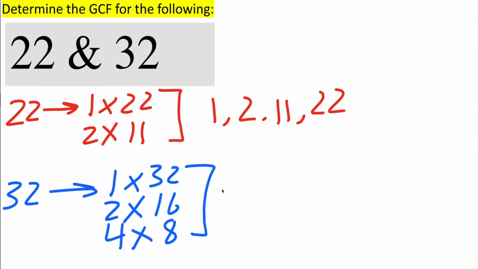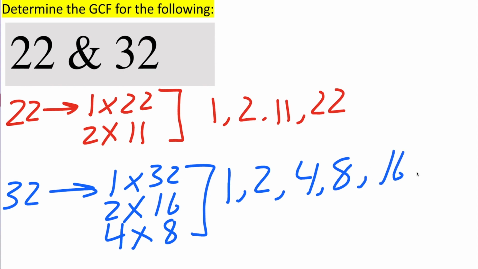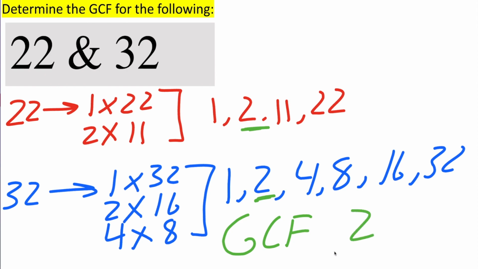So we can list this out: 1, 2, 4, 8, 16, and 32. And so now we want to know the greatest common factor. We look in this list, and we see what's the biggest number, and the biggest number is 2. So the GCF would be 2 for this problem.